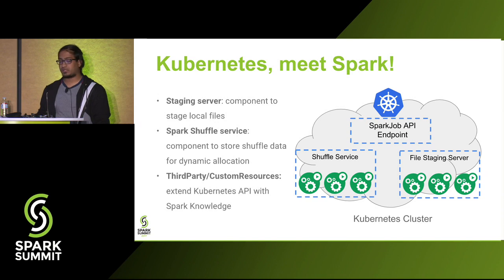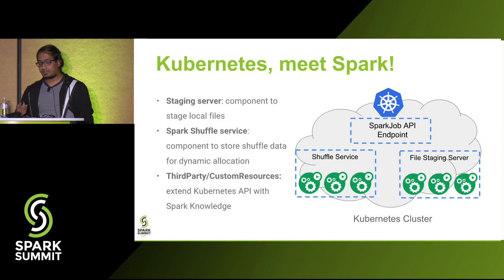Another component is the Spark Shuffle Service. This is essential if you're using dynamic allocation. Dynamic allocation is this mode where Spark lets you elastically change the number of executors as the job progresses, depending on the number of pending tasks in a particular stage.